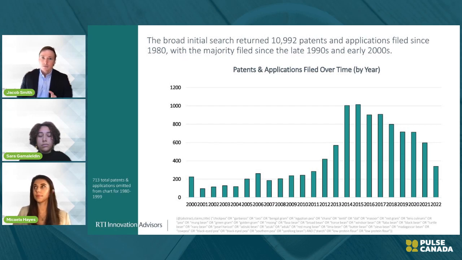So this data was collected at the beginning of this year, and likely some of those 2016 and on times have further grown as more applications and patents have been filed or granted or published. But this gives you a general overview of how innovation has been occurring in this space over time.